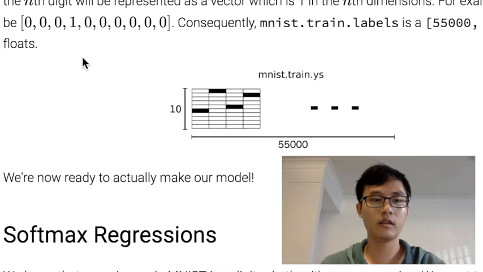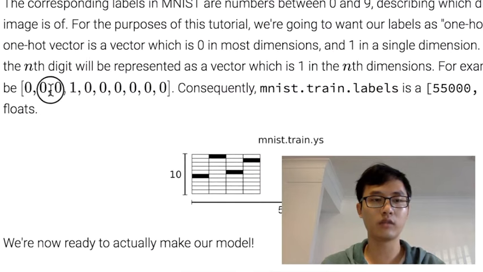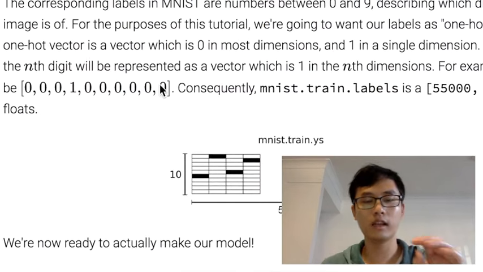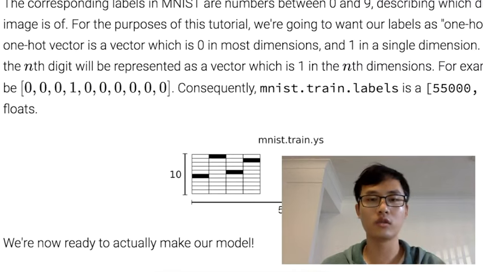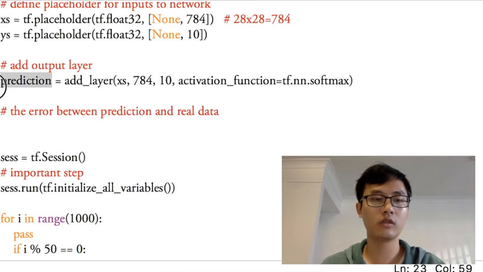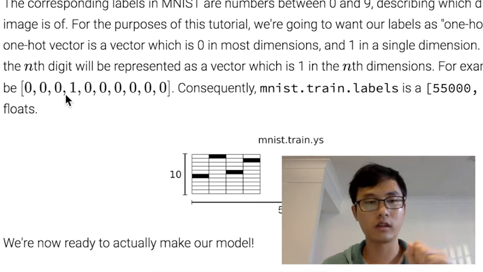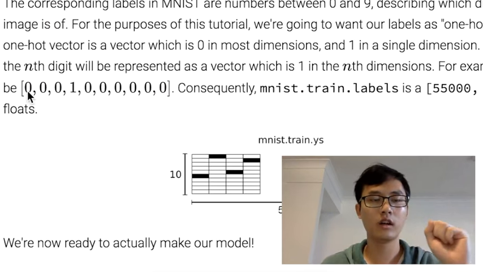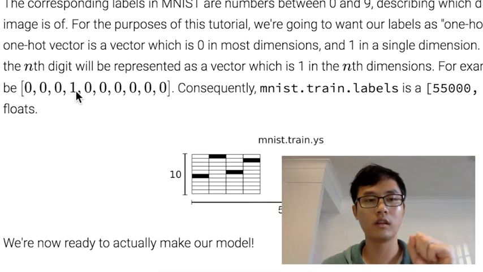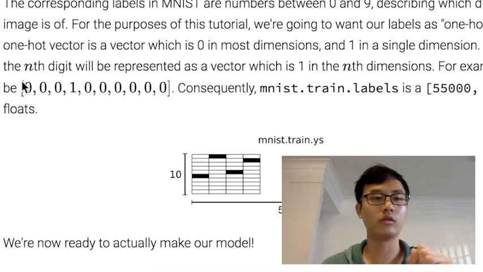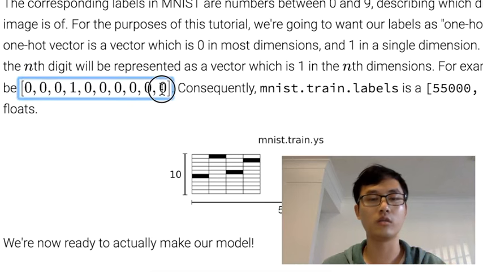So in this output array, in the prediction, it's not like 0, 0, 1, 0, 0, something like that. It will look like this one. For example, 0.3, 0.1, 0.1, 0.9, which should be added together to 1.